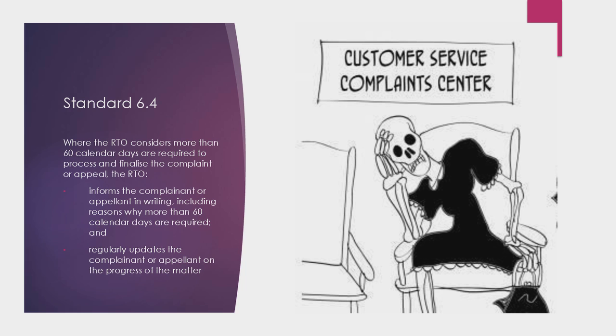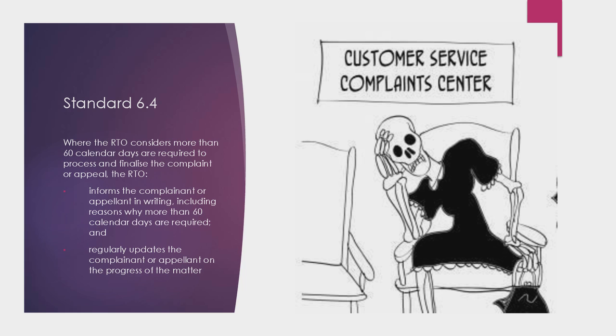Standard 6.4. Where the RTO considers more than 60 calendar days are required to process and finalise the complaint or appeal, the RTO informs the complainant or appellant in writing, including reasons why more than 60 calendar days are required, and regularly updates the complainant or appellant on the progress of the matter.